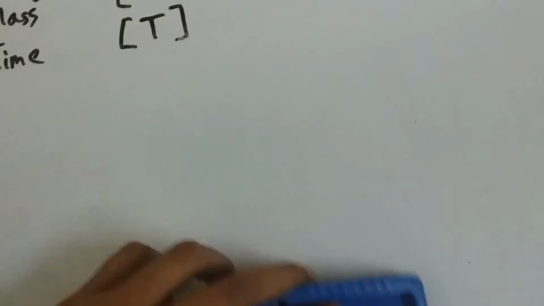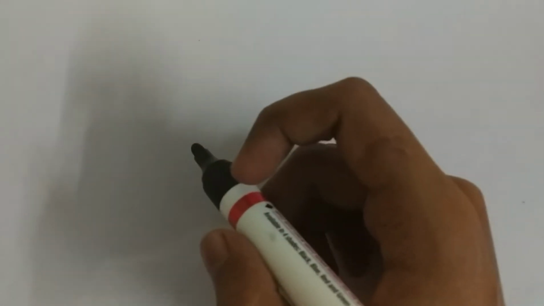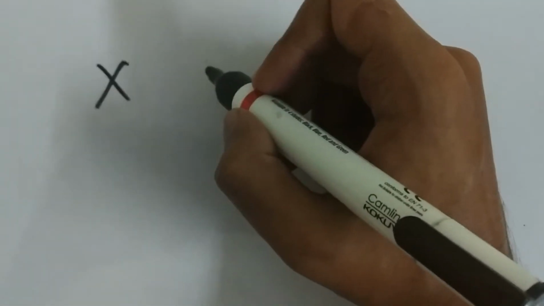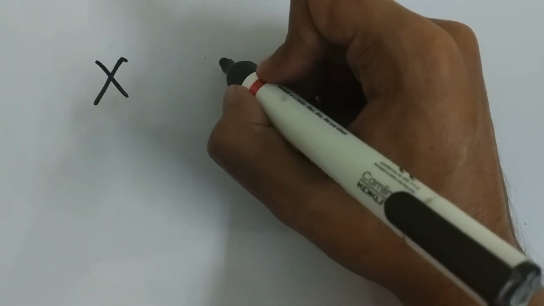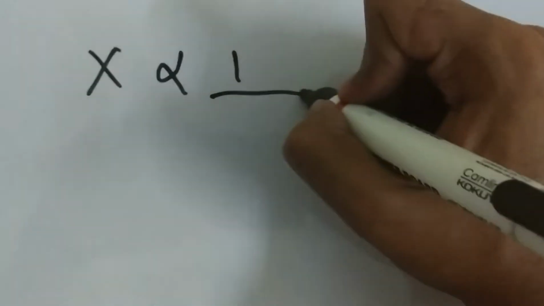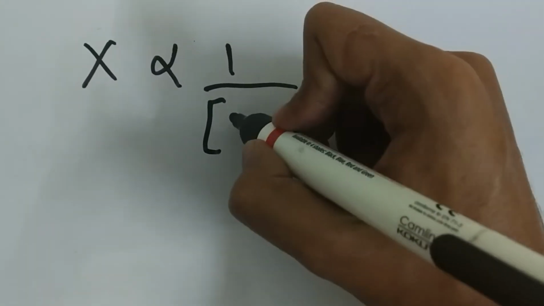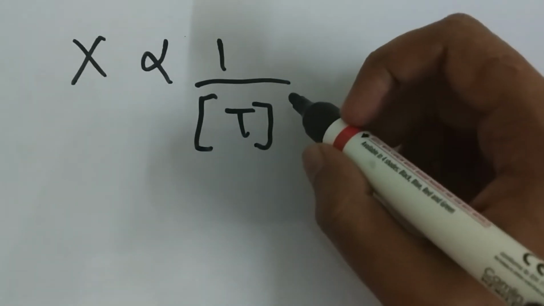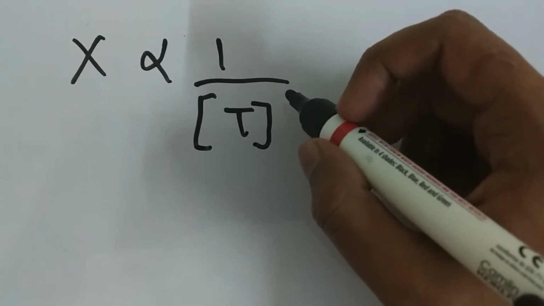For example, suppose you know a quantity x that varies with time inversely proportionally. That means you only know that as time increases, the quantity x decreases.